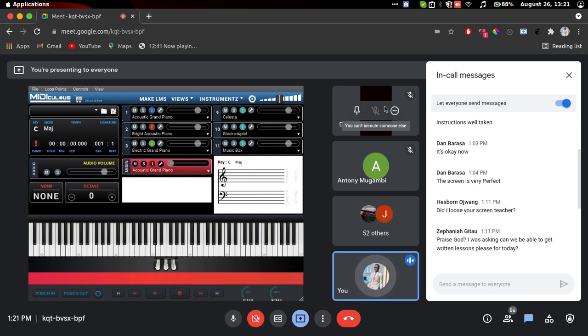Now straight away we are learning that a semitone or half a step is the shortest interval, because from here I'm just going to this. There is no key in the middle. It is the distance between one key and the next adjacent key. That applies throughout the entire keyboard.